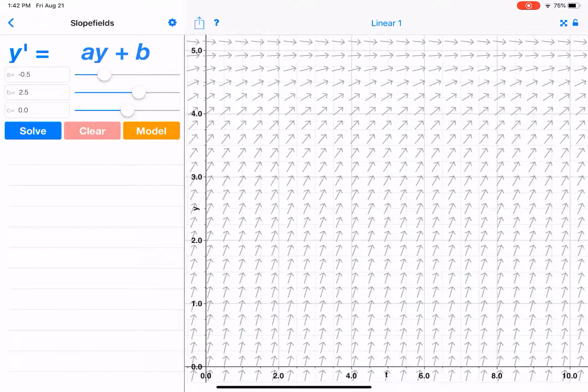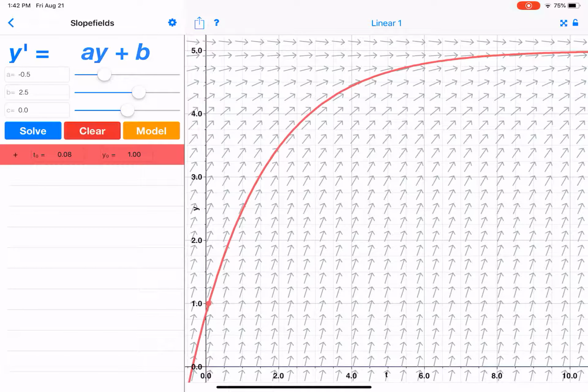You may be wondering, in fact, how is it that Slopes is able to generate a solution when you tap on the graph? To figure this out, we should look back to one of our observations, that the solution to the differential equation seems to follow the trajectory of the slopes.